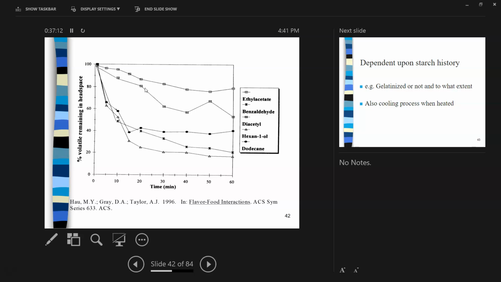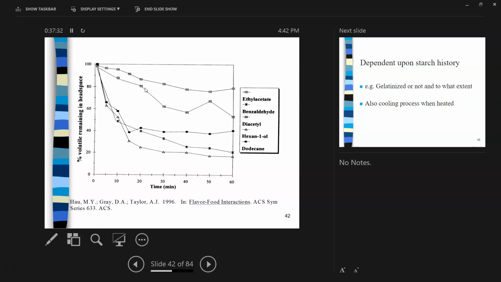And within an hour, so here's, what's that? Is that diacetyl? Okay. So diacetyl moves away rather quickly. Within 15 minutes, it went from 100% vapor pressure volatility down to about 25, maybe 30%.